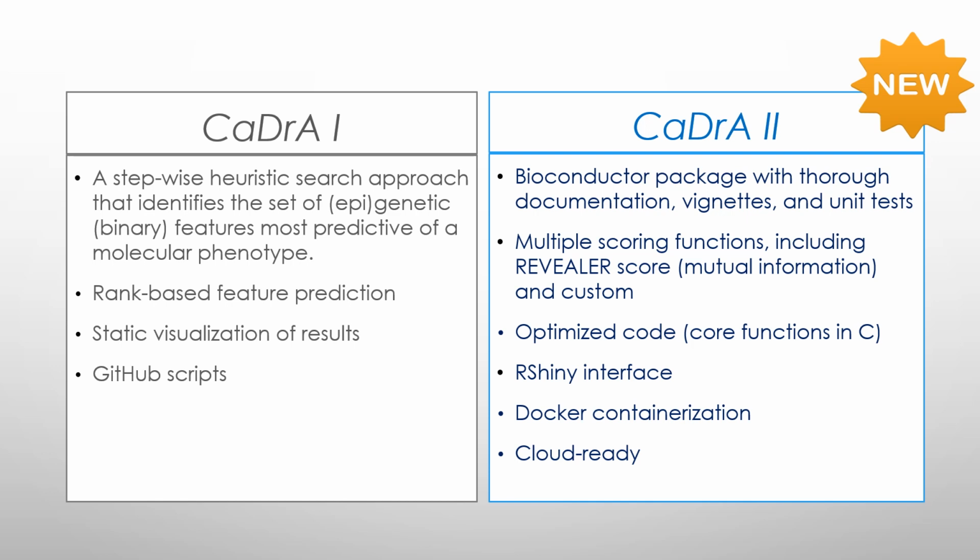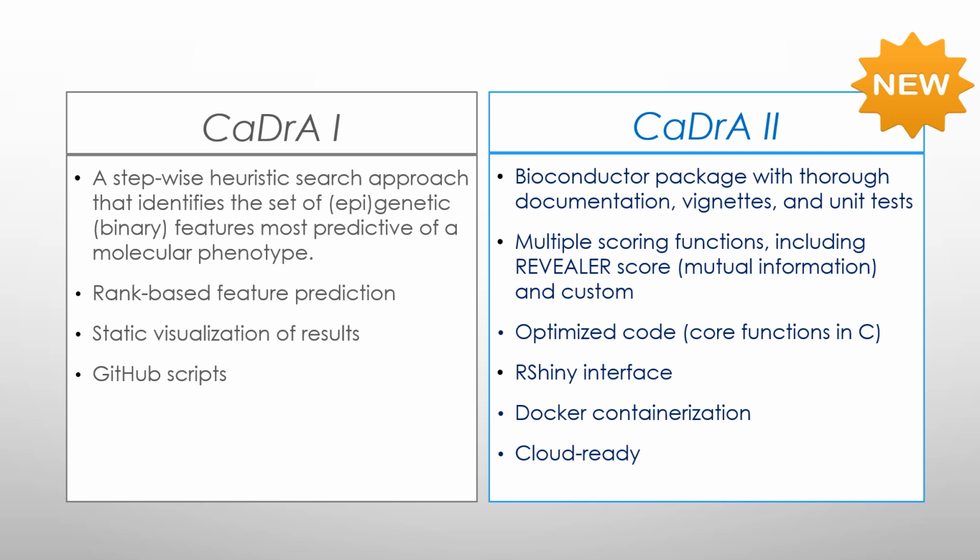CaDrA 2 incorporates additional scoring functions not available in the original package. These include mutual information as implemented in the REVEALER package and the specification of a custom, user-provided scoring function. The codebase of CaDrA was cleaned, hardened, and optimized as an open-source R package developed based on best software engineering practice and design principles. It now meets Bioconductor and tidyverse style guidelines.